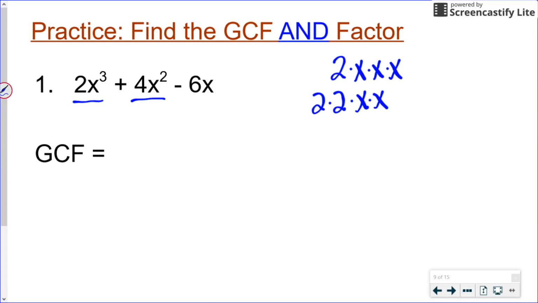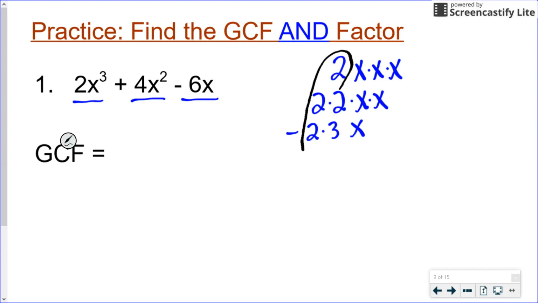My factors for negative 6x are negative, 2, 3, and x. This negative sign doesn't belong to the 2, and it doesn't belong to the 3. It's just like kind of saying negative 1 times 2 times 3 gives me negative 6. So don't feel like 2 and negative 2 are 2 different numbers. No, I've got 2, 2, and 2.